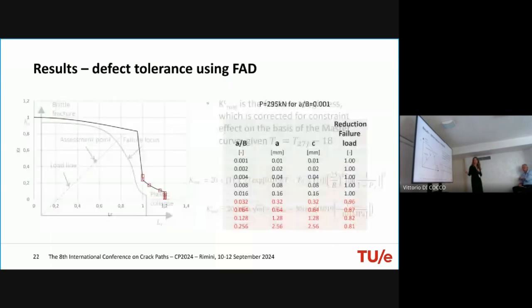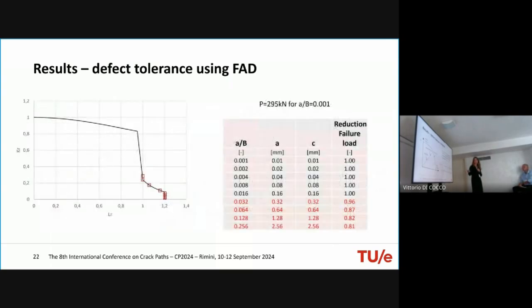Yes. So for the results of the FAD, we included different crack sizes, like shown here. For very small crack sizes, there is no reduction in the failure load according to this model. Up until 0.60 millimeters, there is no reduction, after which there will be a small reduction in failure load, up to 20% for a 2.5 millimeter crack.